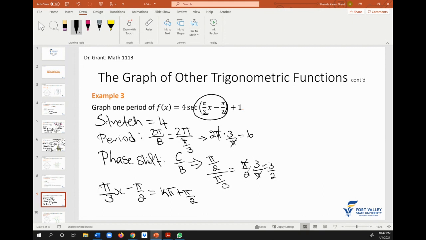Solving for x, I'm going to add pi/2 to both sides. What does this give me? This gives me pi/3 x equals k pi, actually plus pi, because pi/2 plus pi/2 is going to be pi.